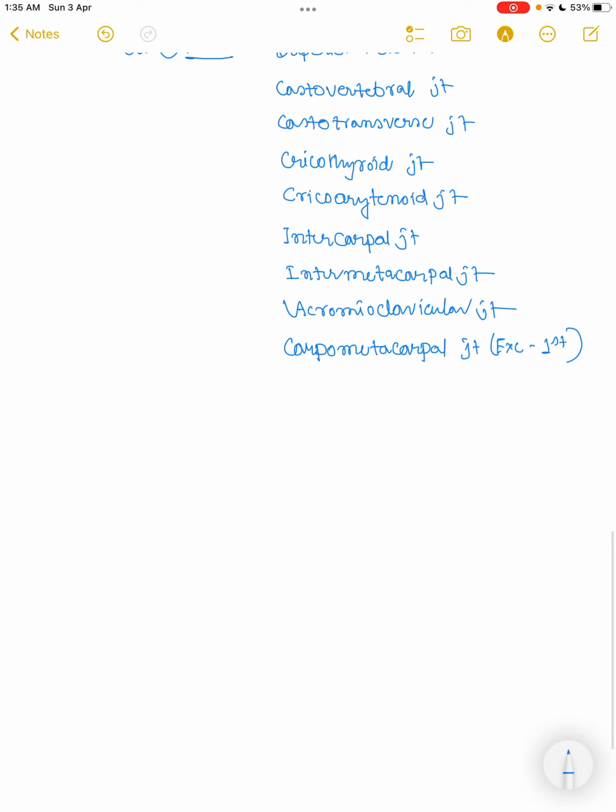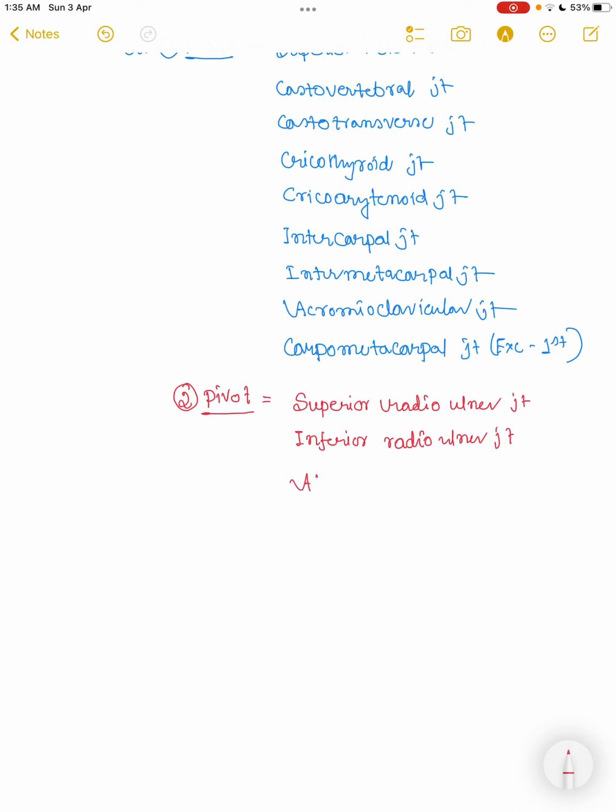Next we are going to the pivot joint, and we have already talked about the tibiofibular, so left are the superior radioulnar and inferior radioulnar. So superior radioulnar joint, inferior radioulnar joint, and atlantoaxial joint.